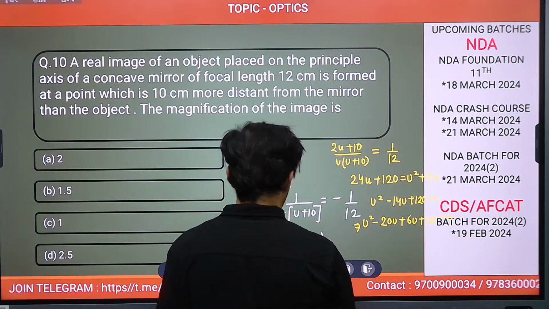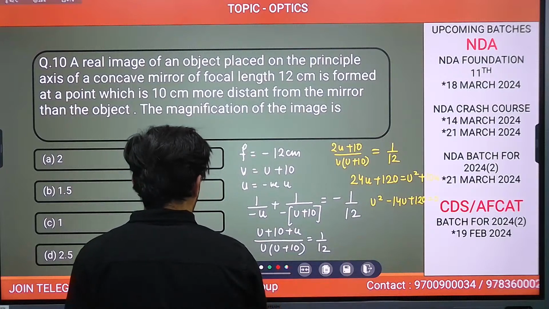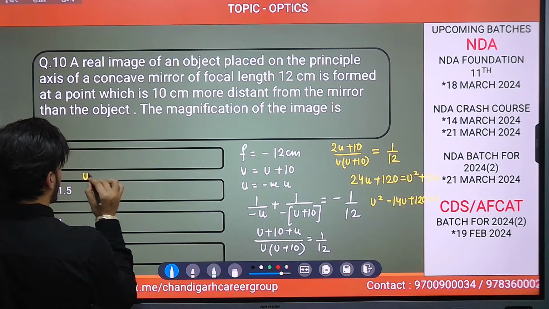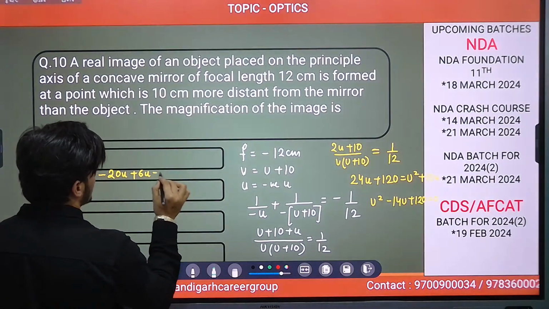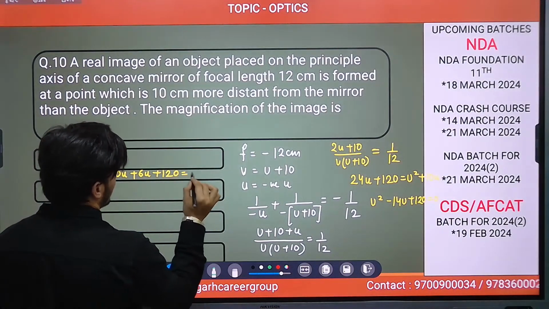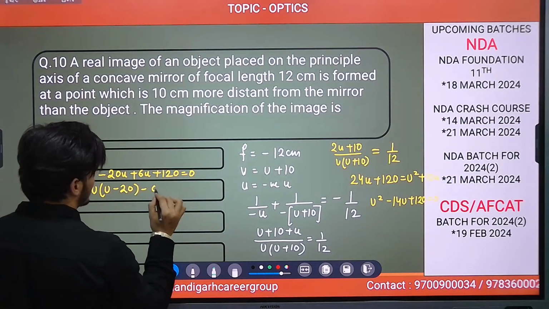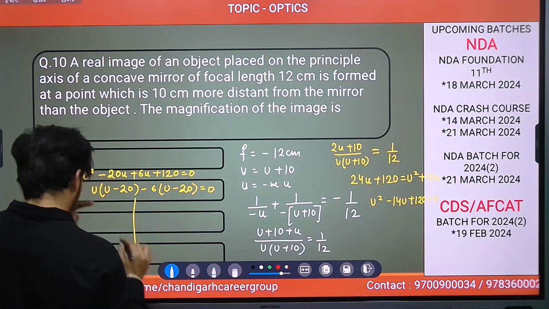Okay. I'll do it at some other place. Just 1 second. I'm writing it here. u² - 20u - 6u + 120 = 0. (u - 20)(u - 6) = 0. We got two values of u.